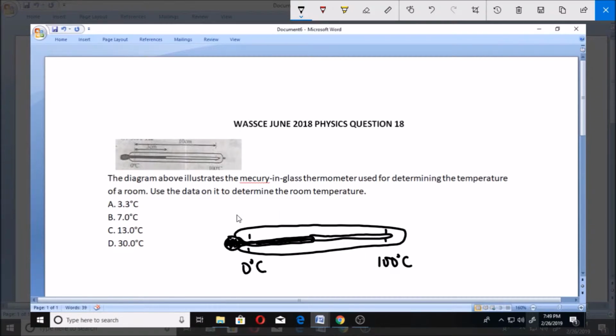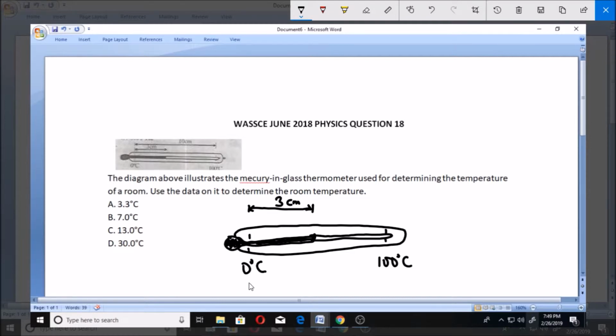Now from this 0 degrees to the point where you have the mercury level, we have 3 cm. Very important. 3 cm.